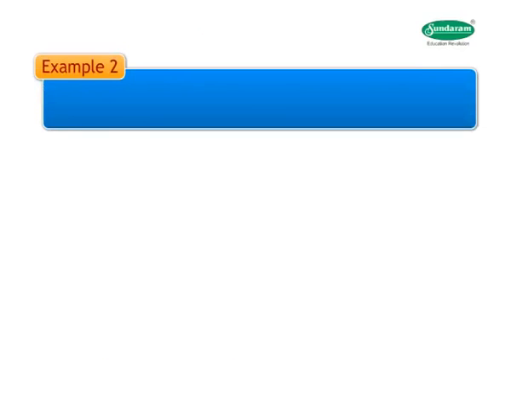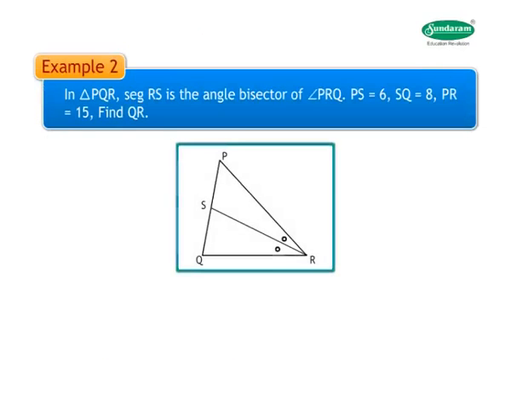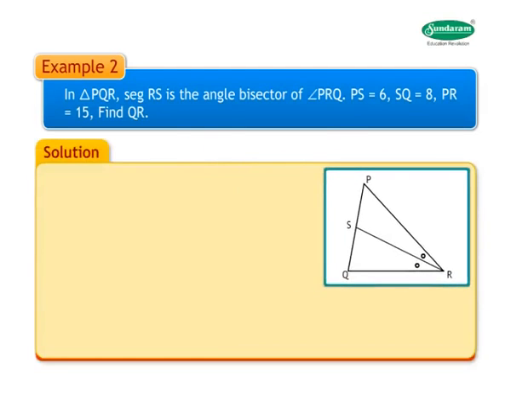Example 2. In triangle PQR, segment RS is the bisector of angle PRQ. PS is equal to 6, SQ is equal to 8, PR is equal to 15. Find QR. Solution. It is given that segment RS bisects angle PRQ.